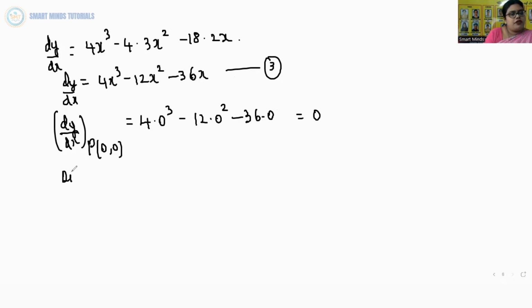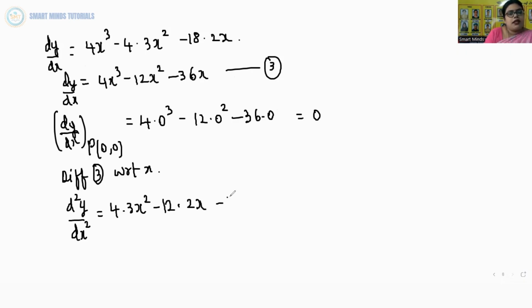And now we differentiate equation number 3 with respect to x. So if I differentiate dy by dx, I get d square y by dx square. That is equal to 4 into x cube derivative is 3x square, minus 12 as it is, x square derivative is 2x, minus 36 into x derivative is 1. So minus 36.